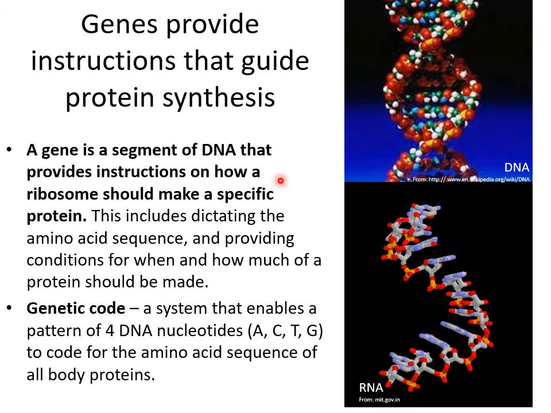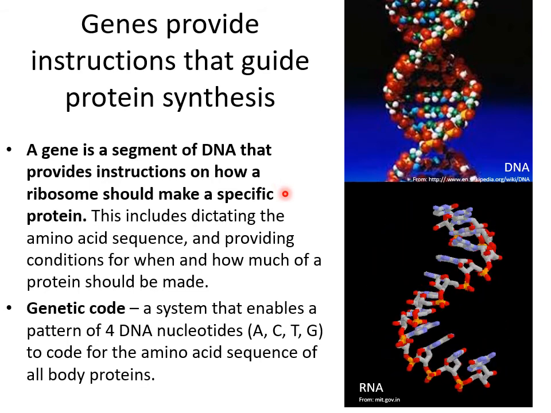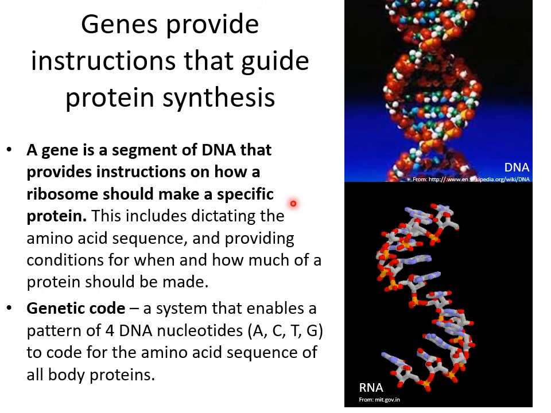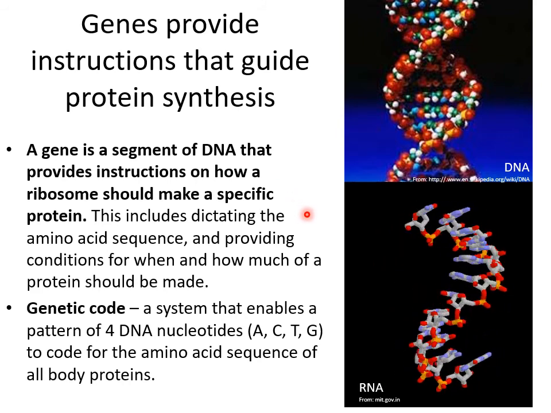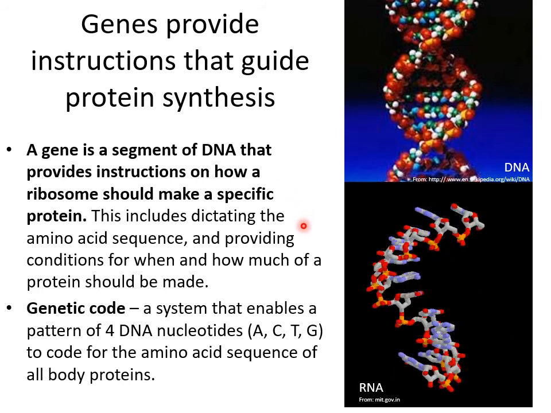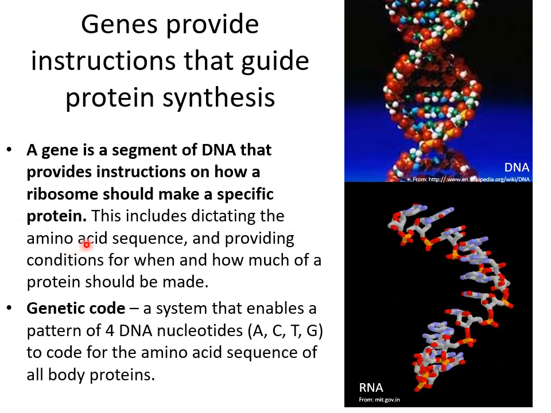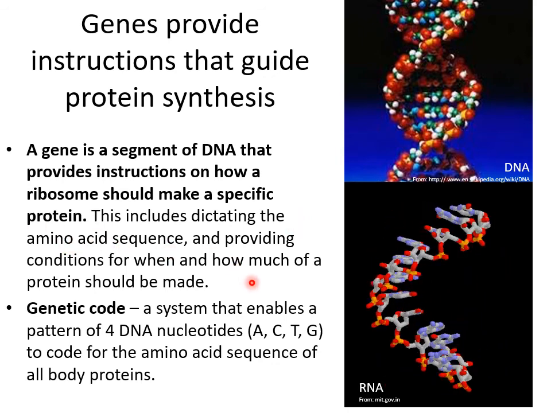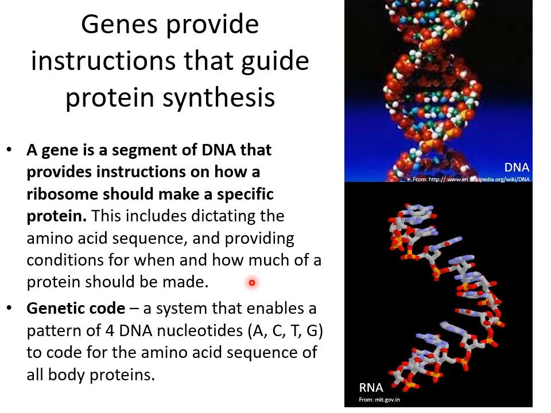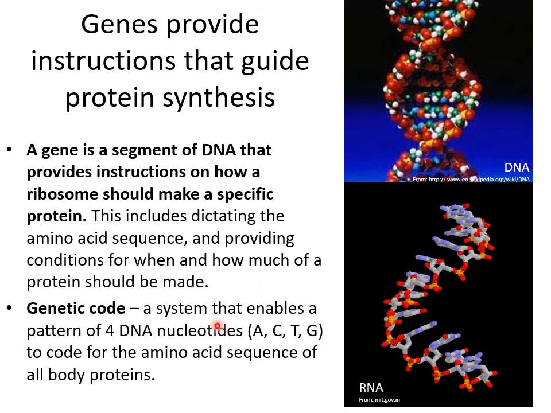And each individual protein recipe or gene just gives a ribosome information on the sequence of the amino acids and the length of the chain to make each individual protein.